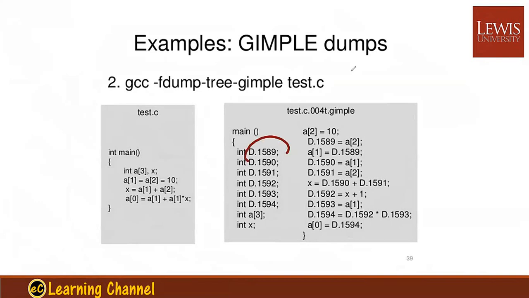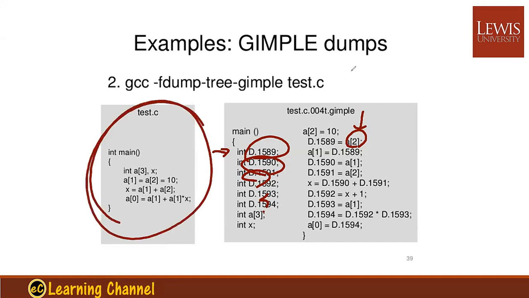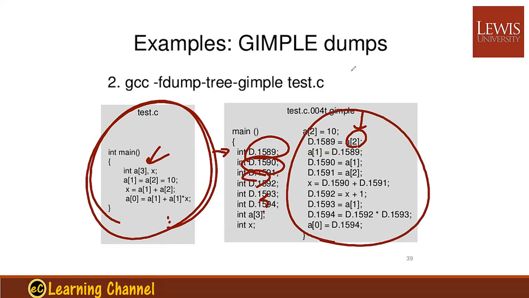So you see it's no longer A, it's actually something like this, D whatever, and A. So these are temporary variables. This is a different test C already. It has some array and some assignment, and then generates something like this.